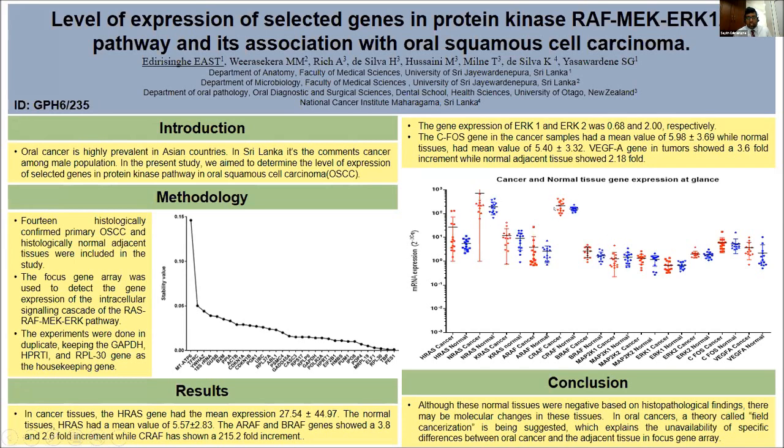But while the tumor tissue is increasing in gene expression, the normal tissue that we selected as histologically normal has also gone up. So we would like to conclude that even though we have selected it as histologically normal, there are genetic changes associated with those tissues.